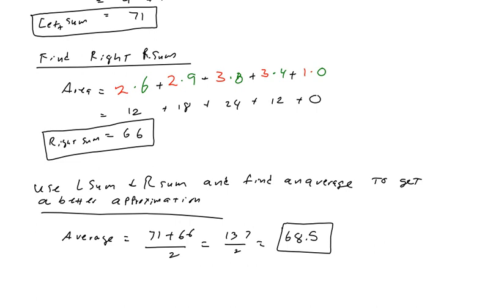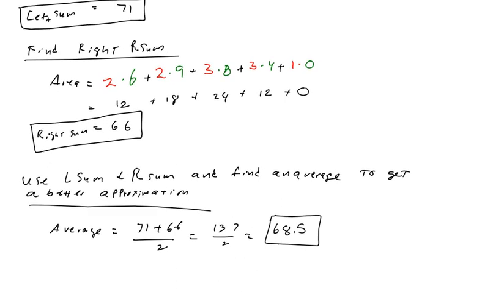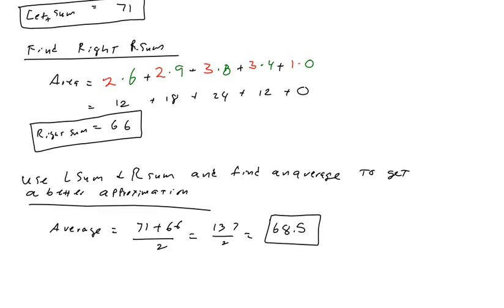Somewhere halfway between, right? To get a little bit of a better approximation, sometimes they like to do that. So just find an average: add them up together, divide by 2. And that's maybe a closer approximation, right?